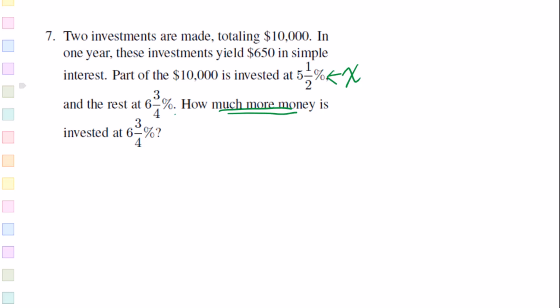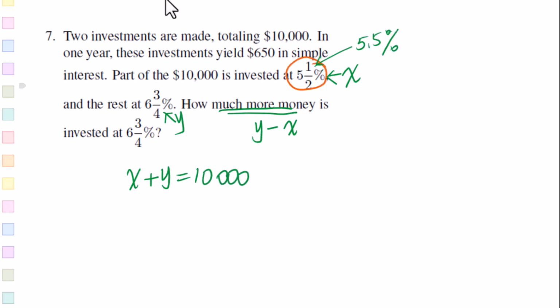Let x dollars be for 5.5%, y dollars for 6 3/4%. We are looking for y minus x. According to the information, we know x plus y equals $10,000.